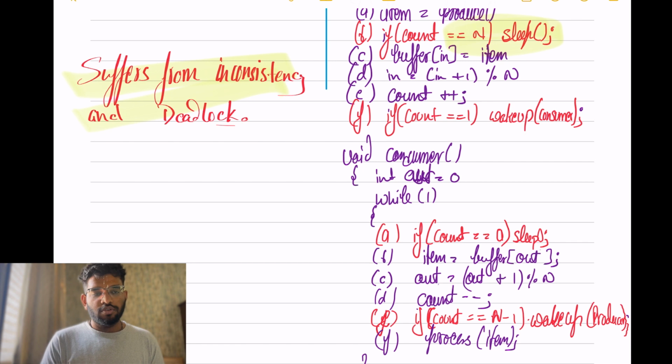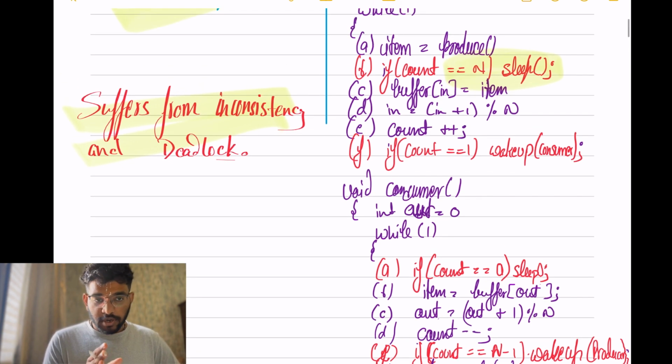So now the value of the count is changed, it is less than n, and now the consumer gets preempted and the producer starts executing. The statement the producer is going to execute is the sleep one. But now that condition is not true, the value of count is less than n. So here the producer goes to sleep forever.